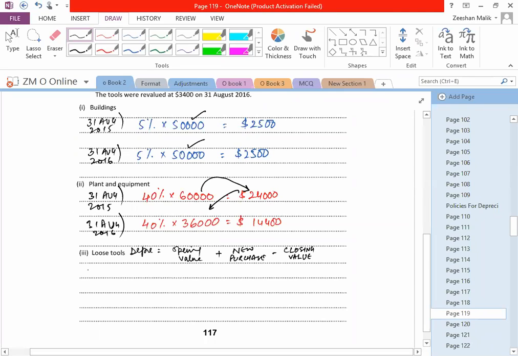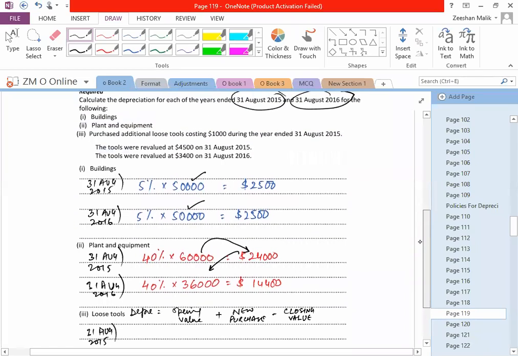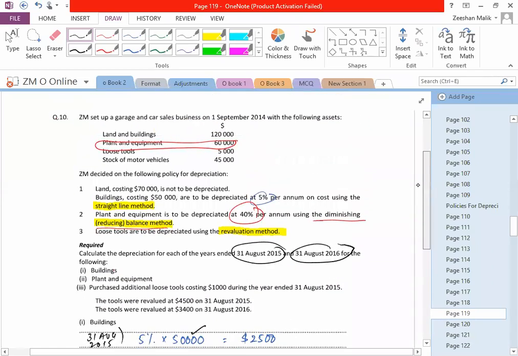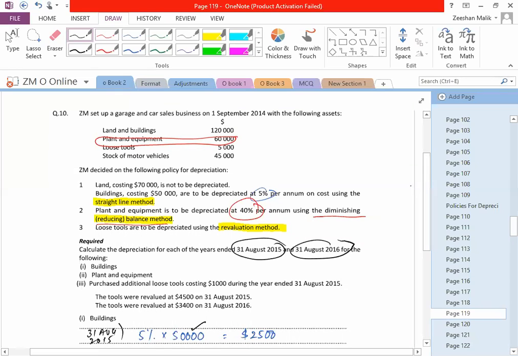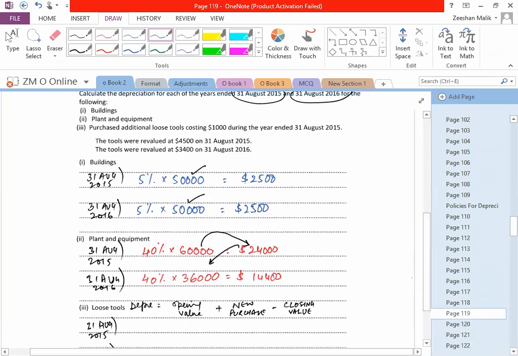Here we go again. You need to write the date first. The loose tools. We had loose tools of 5,000 at the start of 2014.